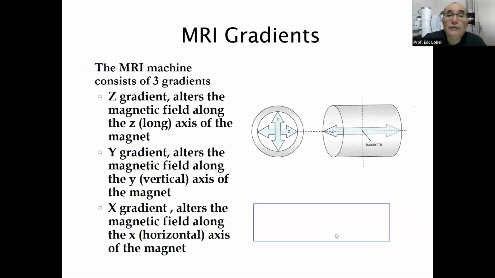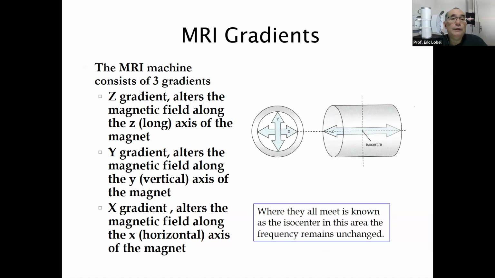So all the gradients can do this, whether it's the X, the Y, or the Z. They all work essentially the same way. There are these windings of wire that can be energized and brought to a certain strength. If you remember, that's the term amplitude. That happens over a certain amount of time to go from 0 amplitude to the maximum strength.